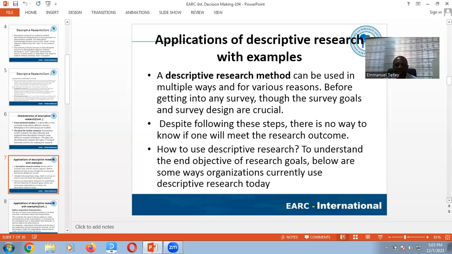How to use descriptive research to understand the end objective of the research goal. Below are some ways organizations currently use descriptive research today.